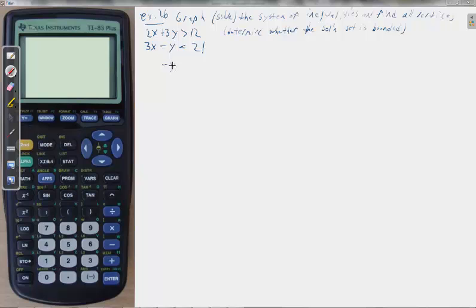Negative y less than negative 3x plus 21. Divide out the negative, y is greater than 3x minus 21. And then 3y greater than negative 2x minus 12. So y will be greater than negative 2/3 x minus 4.